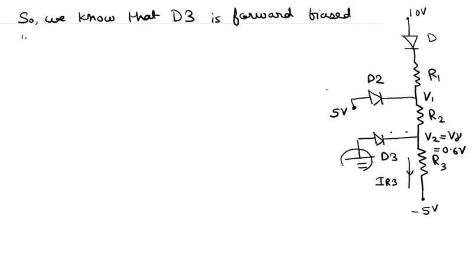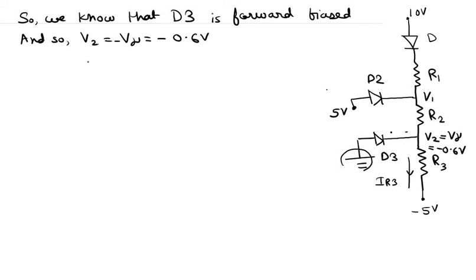So V2 is actually minus V gamma, which is equal to minus 0.6 volts. There is a minus sign here which I forgot to put, so it equals minus 0.6 volts.